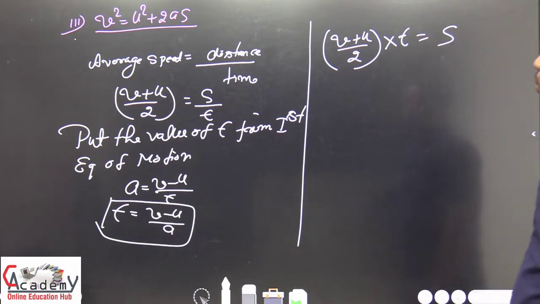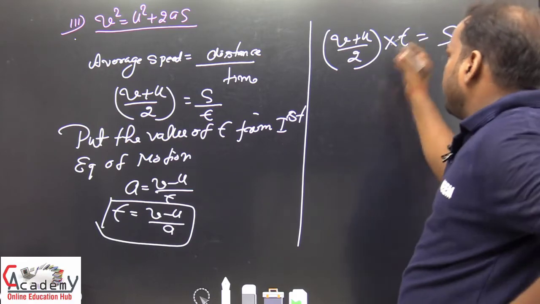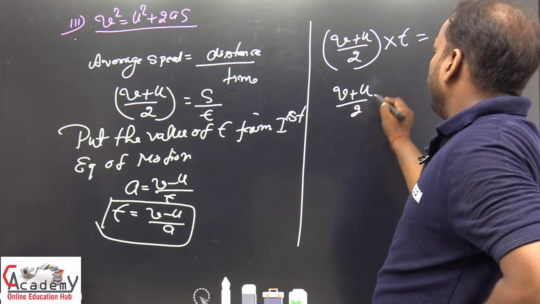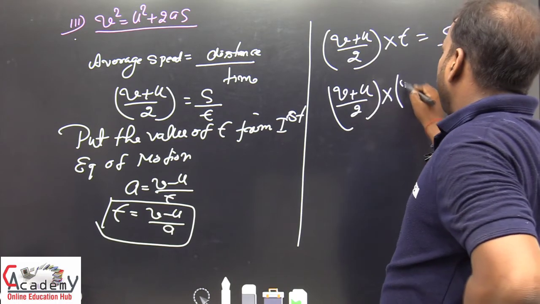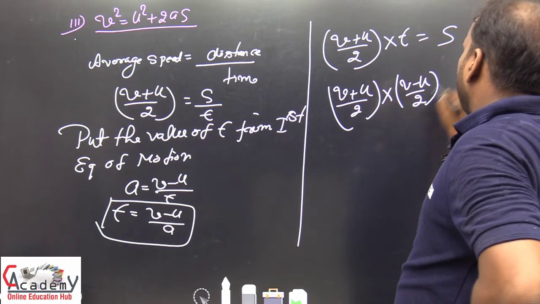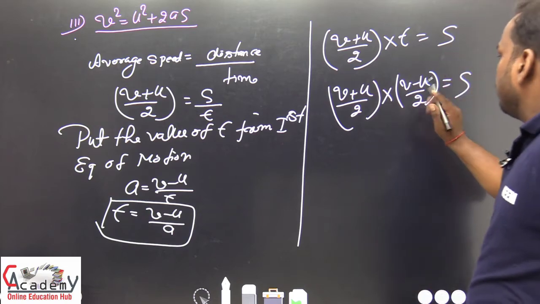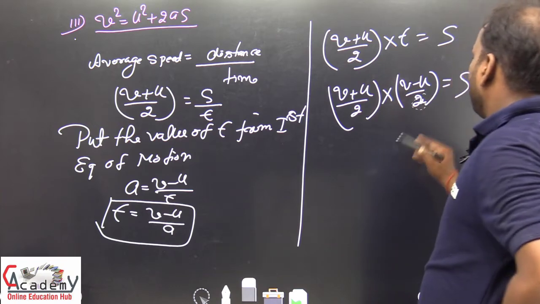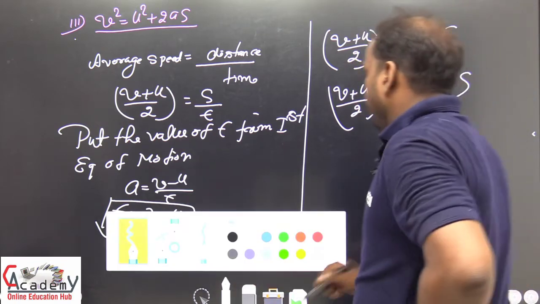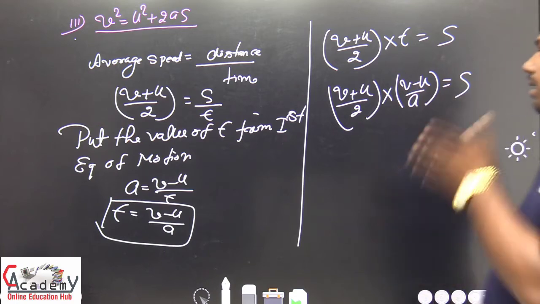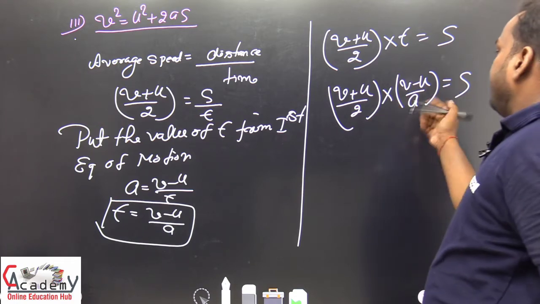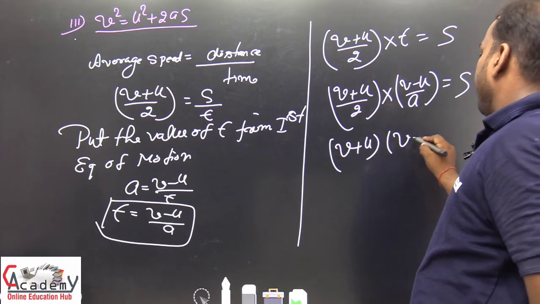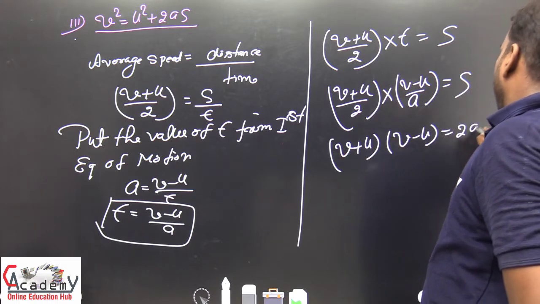Put the value of t here: (v plus u) by 2 multiplied by (v minus u) upon a is equal to s. Cross multiply by 2a. Then we get (v plus u) and (v minus u) is equal to 2as.